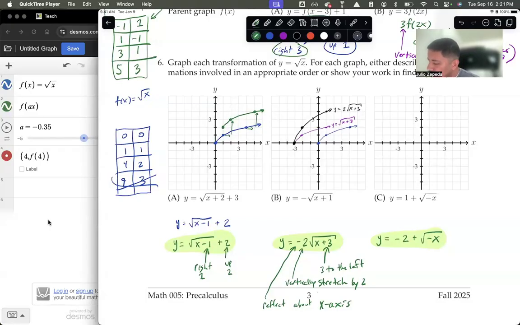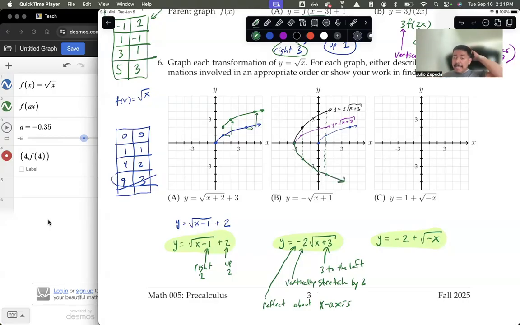I'm going to reflect each of these y values about the x-axis. So all of these y values just become their opposite. And just showing that reflection there, how it's happening. And here we have our graph. Looks something like that.